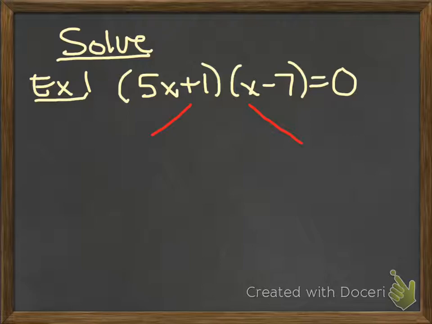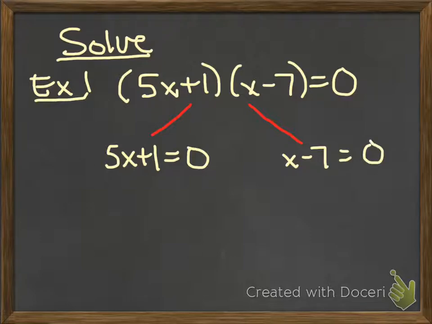So the first factor, 5x plus 1, can equal 0, or the second factor, x minus 7, can equal 0. So now we just solve for x.